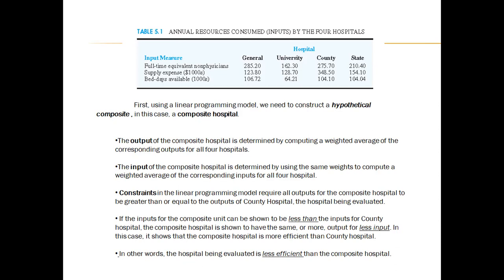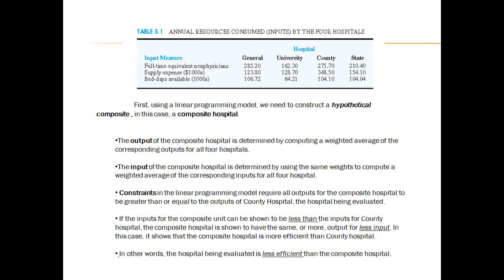104.04 respectively. So first, using a linear programming model, we need to construct a hypothetical composite, in this case a composite hospital. I need you to remember that the output of the composite hospital is determined by computing the weighted average of the corresponding outputs for all 4 hospitals.